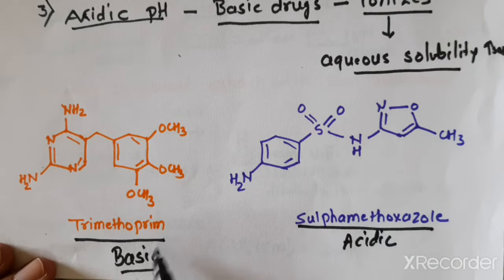Or vice versa, if you take acidic pH, then trimethoprim, which is basic in nature, will get ionized, and the other will remain unionized.